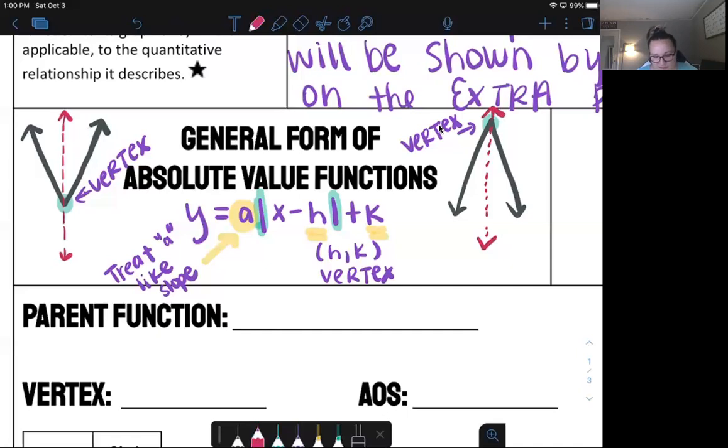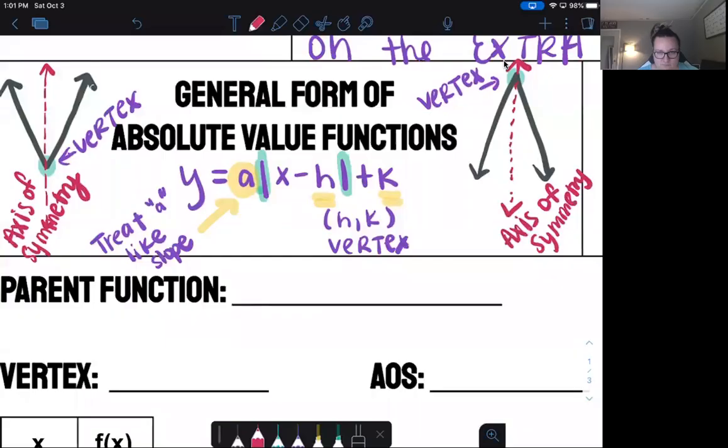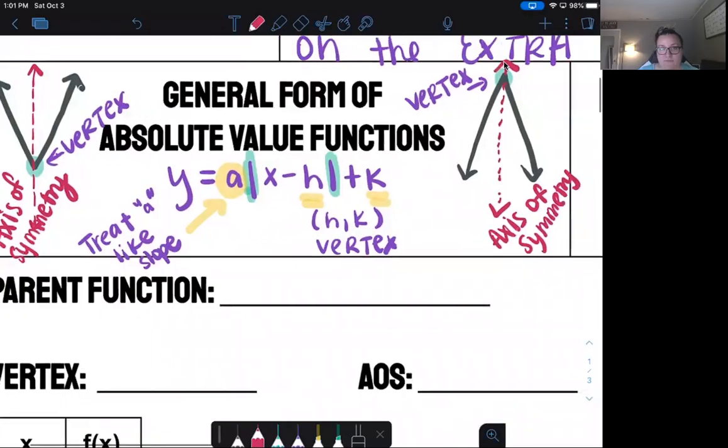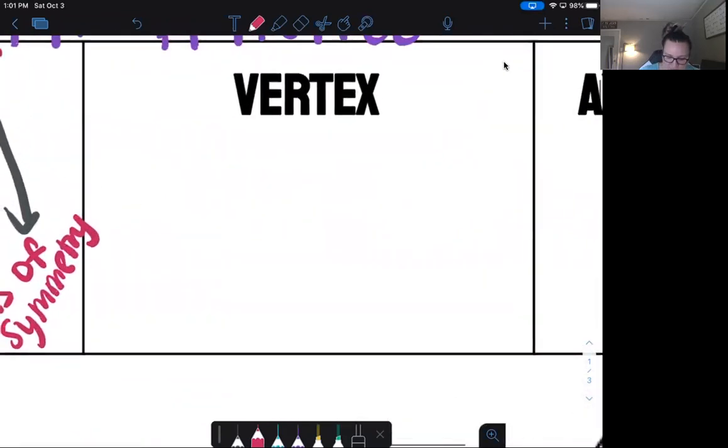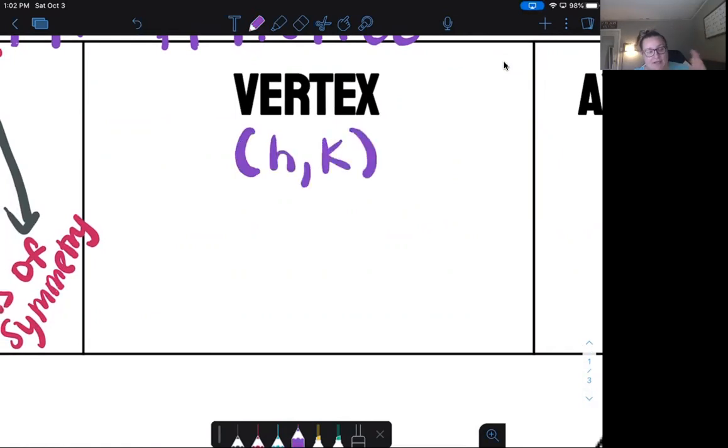All right, so let's make a couple notes about that. So remember the vertex of our parabola, not parabola, I'm so sorry, the vertex of our absolute value function will always be a point (h, k).